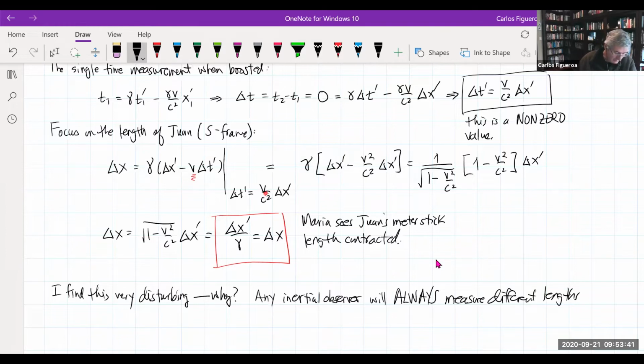They will always measure different lengths, no matter what. That means I'm always going to get delta x not equal to delta x prime.